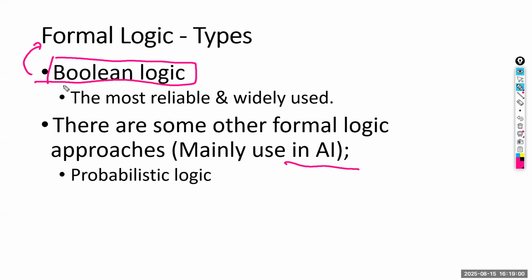But you don't have AI as a topic in your A-level. Usually AI is studied at university level. So we will be 100% concentrating on Boolean logic. From this point onwards, our subject is Boolean logic, this entire subject.